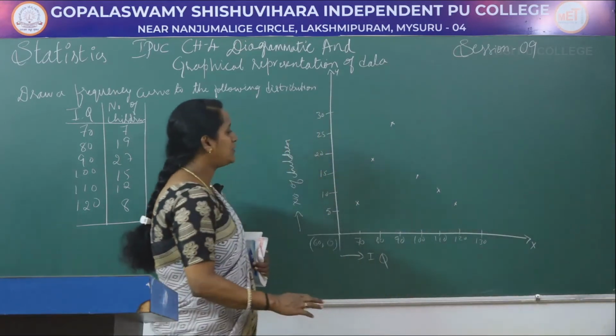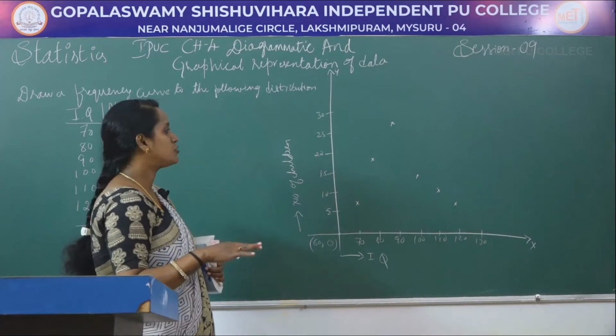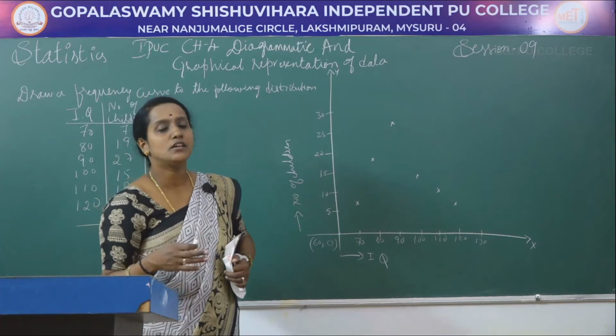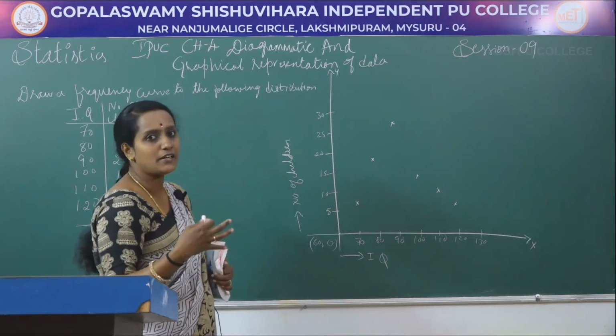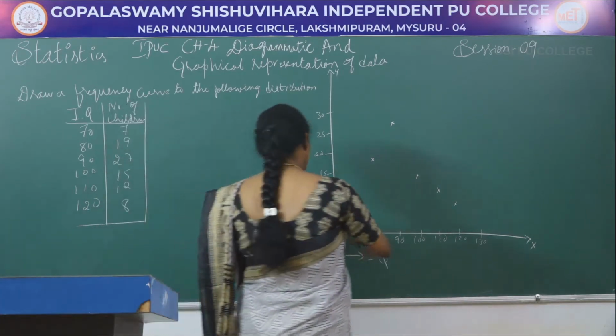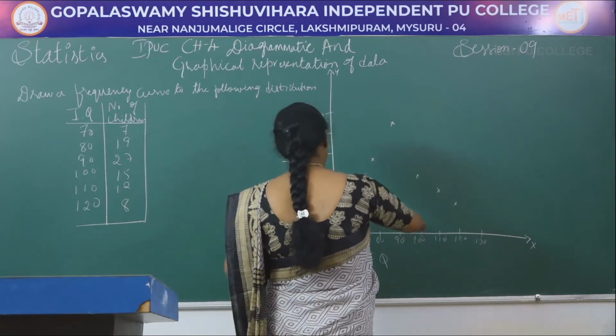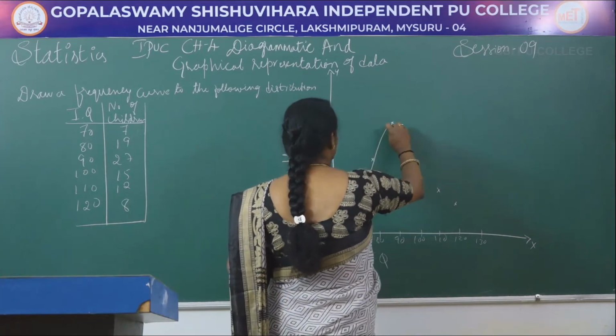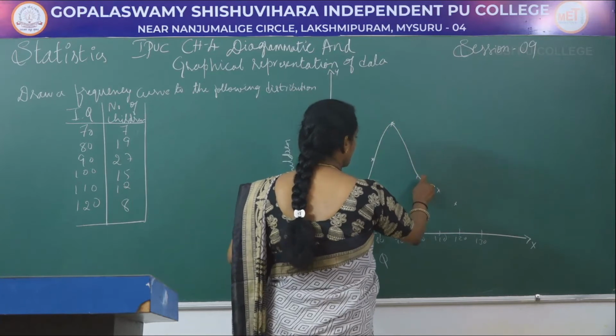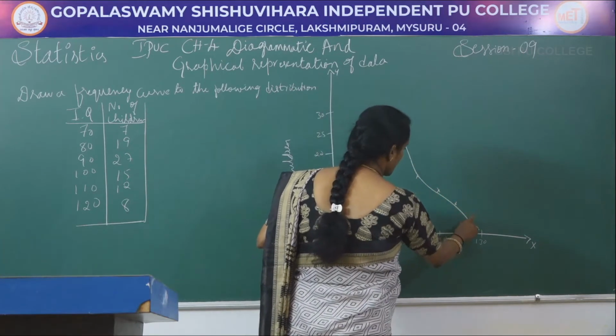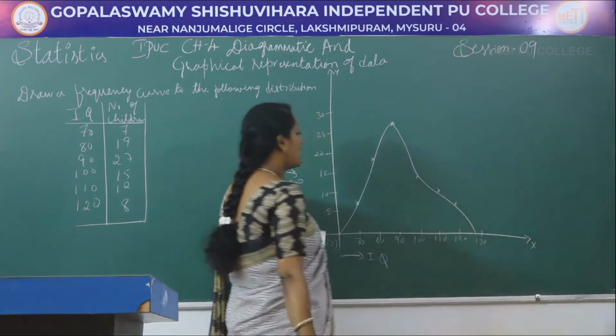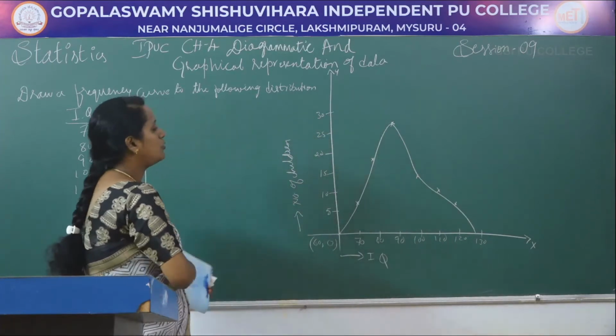So after plotting these points, you have to join these points with a smooth curve, that is a freehand smooth curve. So it will start from the x-axis and it will go like this. Again it should touch the x-axis.